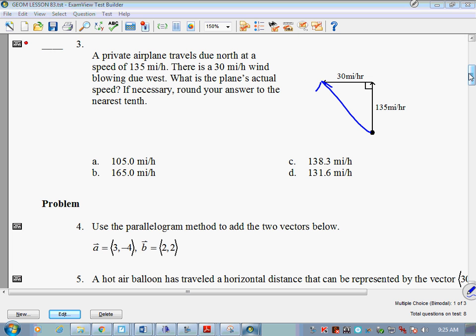Okay? So what have I formed there? A right triangle. So how do I find my blue line? Pythagorean theorem. So I'm going to do what? Okay. 30 squared should be what? 900. Okay. 135 squared.